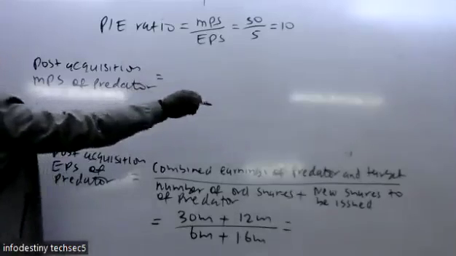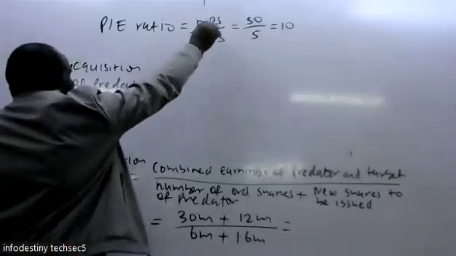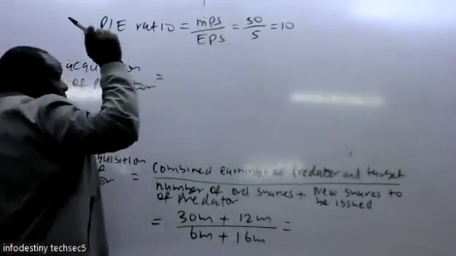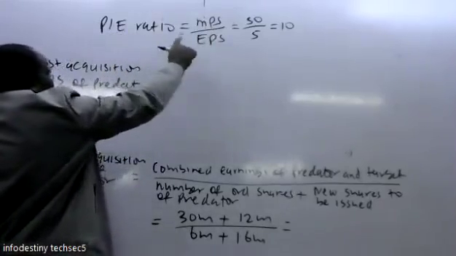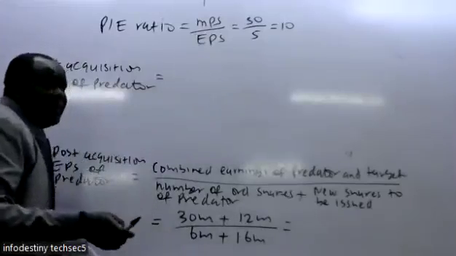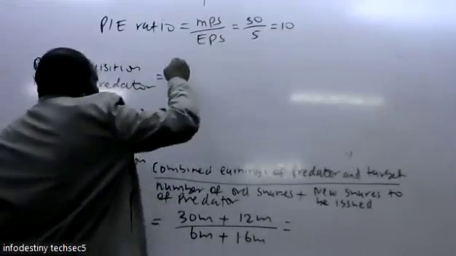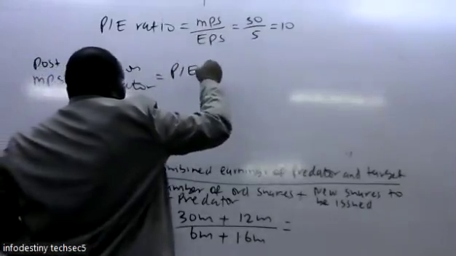Now I'm making this the subject. If I make the market price per share the subject, you simply multiply the price earning ratio by the earning per share.